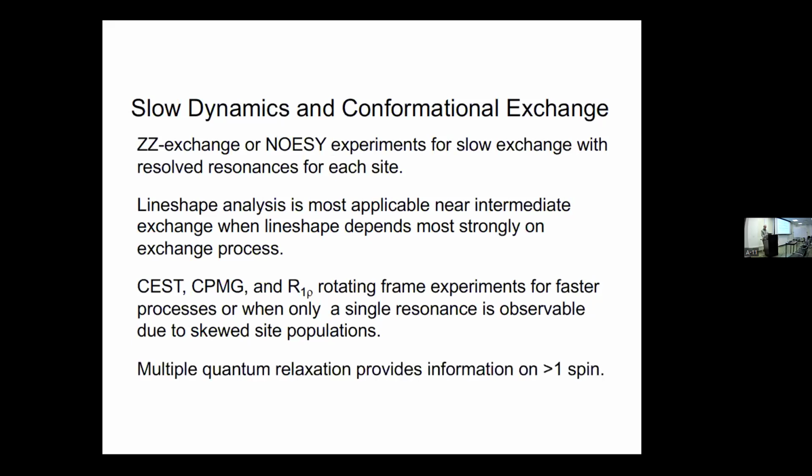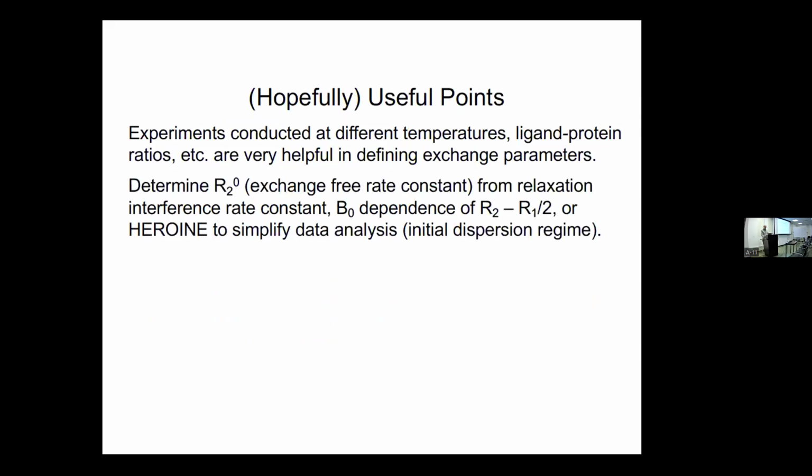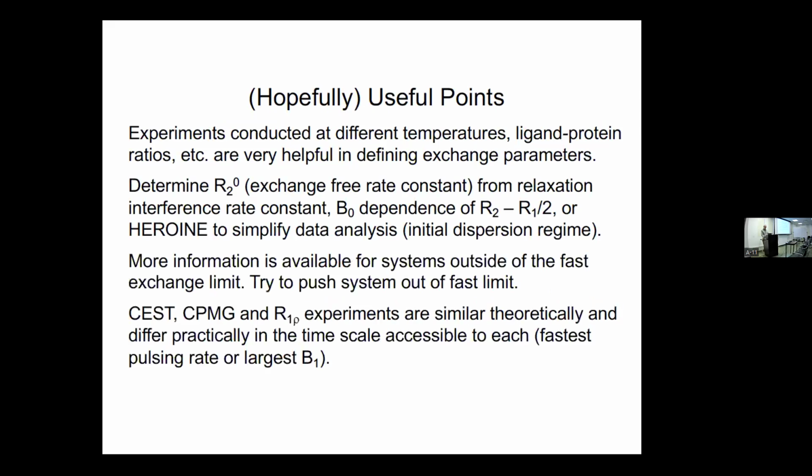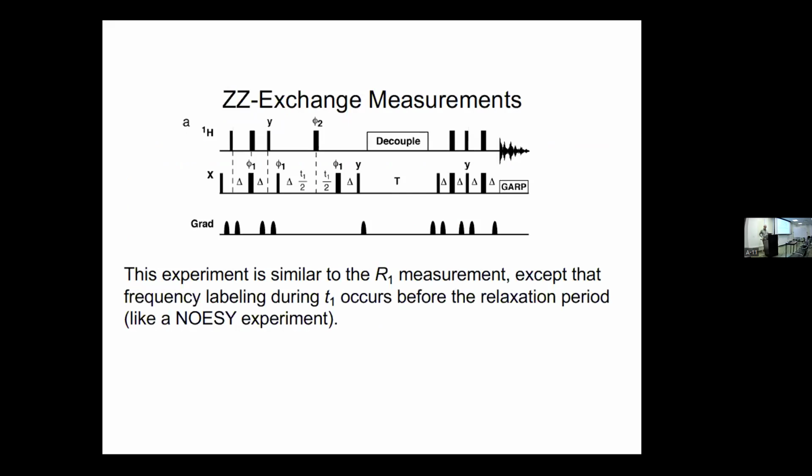So then, of course, there's chemical exchange experiments. Some fairly obvious points. So here is what's called a ZZ exchange experiment. So now, if you do a NOESY, you put magnetization on Z, magnetization is transferred between spins from the NOE, but if there's chemical exchange going on, magnetization is also transferred between spins. So a NOESY spectrum has NOE peaks in it, has exchange peaks in it, and they have the exact same sign.